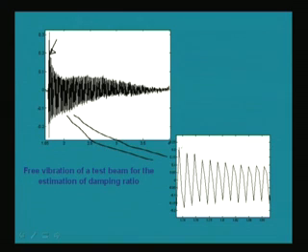You can see how it is decaying. Based on this decay, this amplitude, we are able to find out what the damping in the system is. Why? These are nothing but the amplitudes of the vibration, and it is decaying gradually. That means some heat, some energy is getting dissipated in some form, and that we generally call damping.